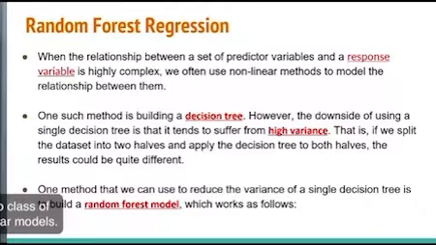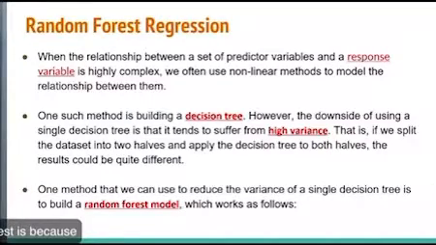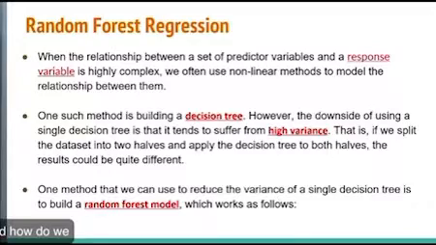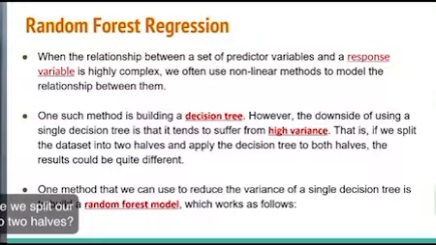It's also a class of nonlinear models. And of course, the reason why we want to consider random forest is because the decision tree we use may suffer from high variance. Okay? And how do we know? When we split our data set into two halves and you actually apply a decision tree, you're basically going to have different results.